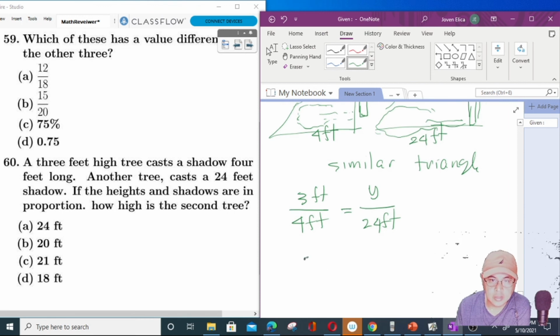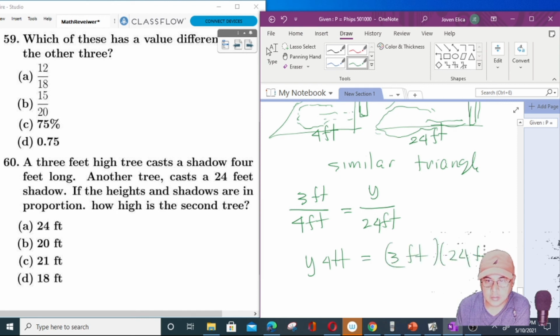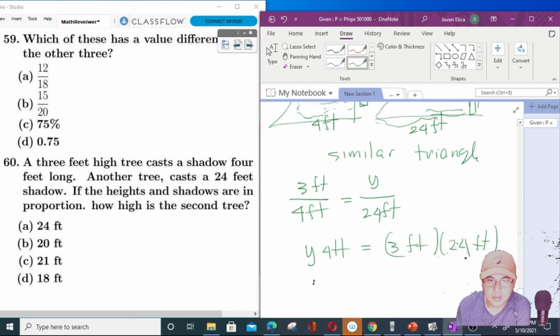So what will be the value of y? y is equal to 3 feet multiplied by 24 feet over 4 feet.